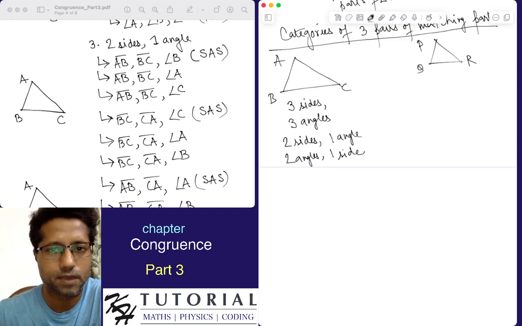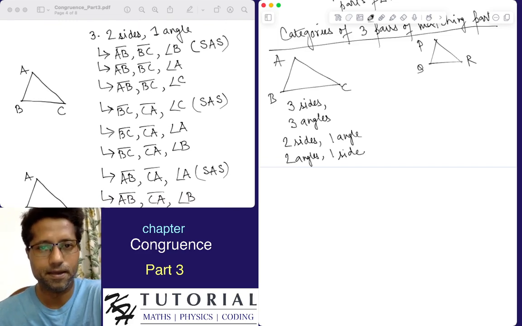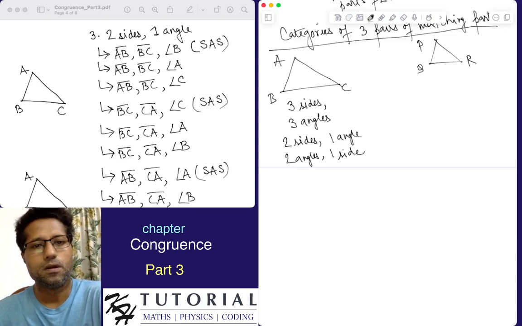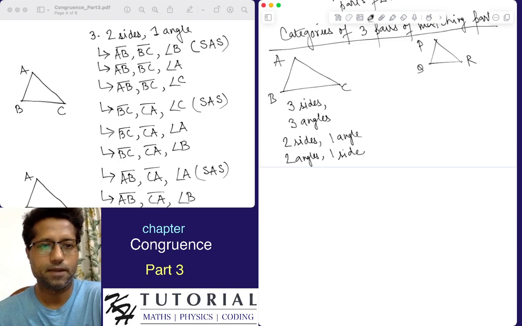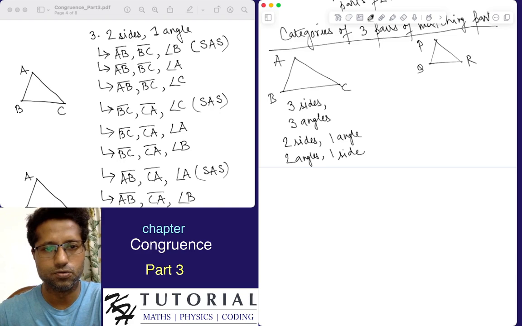As you can see in the notes, regarding triangle ABC, I can select side AB, side BC, and the angle B. This is known as SAS, because I am selecting two sides, AB and BC, and the angle included between them, that is angle B. Now I can also choose side AB, side BC, and any other angle, such as A or C. Similarly, I can also choose side BC and side CA, and any other angle.